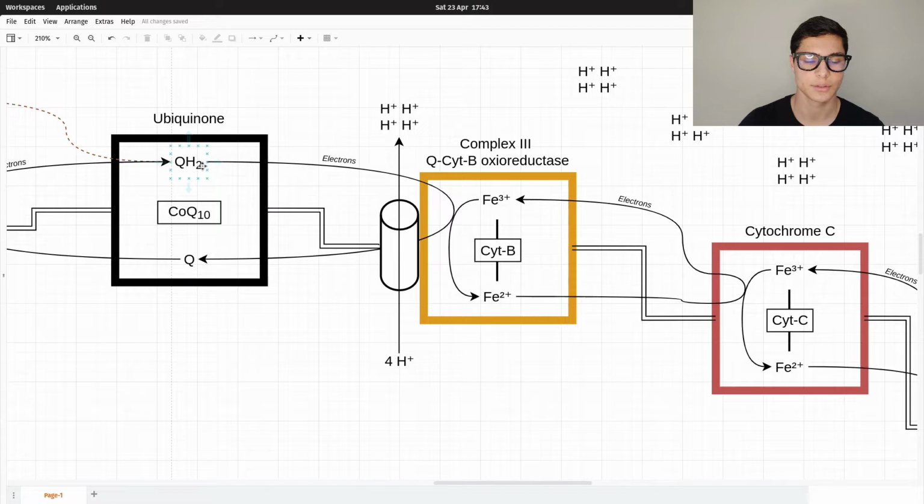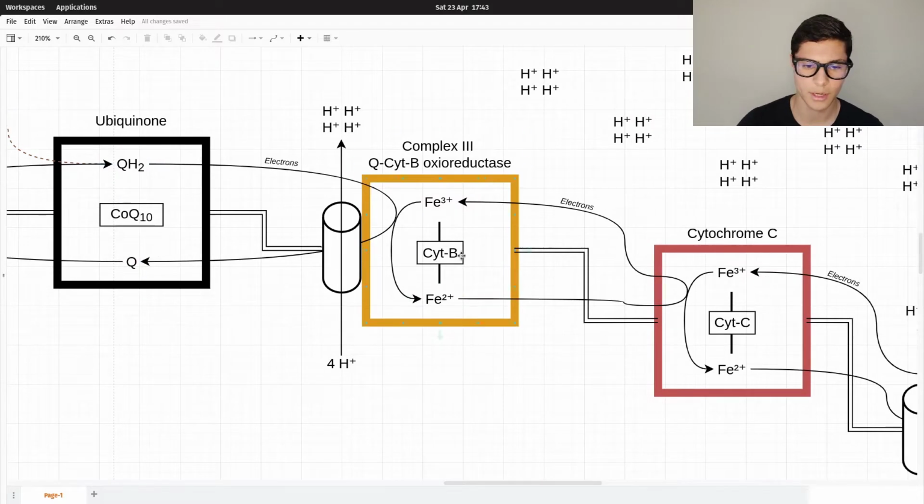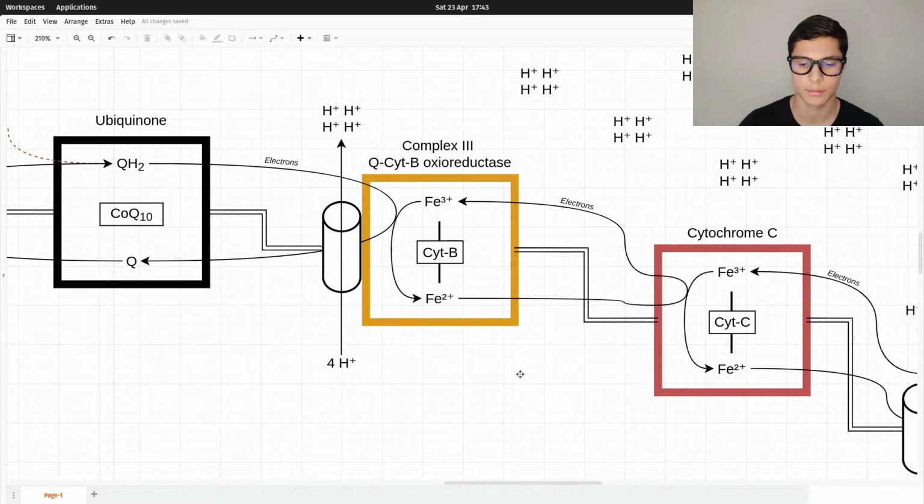So as you can see, those electrons are caught by the iron to go from iron 3+ to iron 2+. And in the same process, QH2 is converted into Q again. In this complex, we pump out protons as in the first one. 4 protons are pumped out.